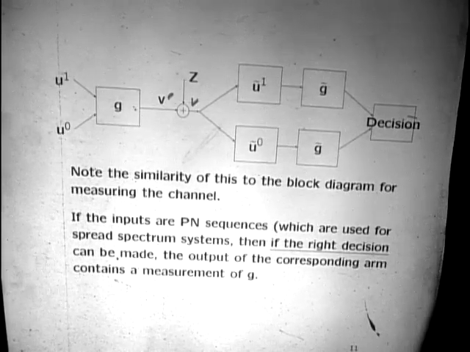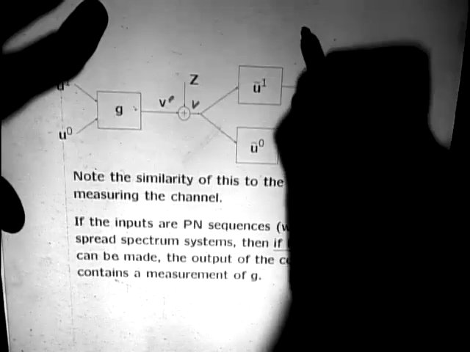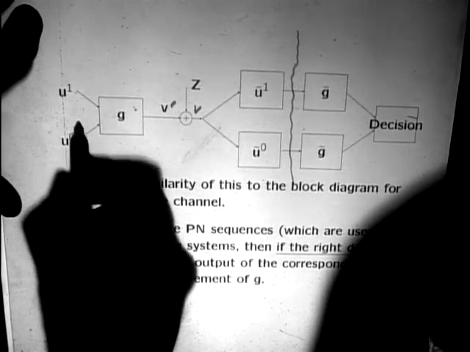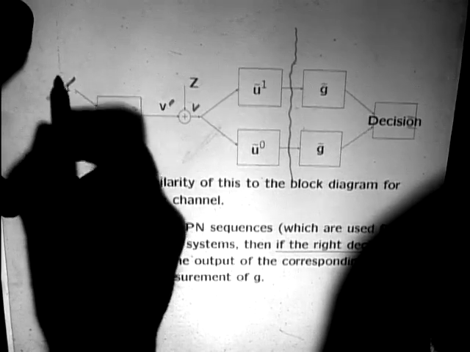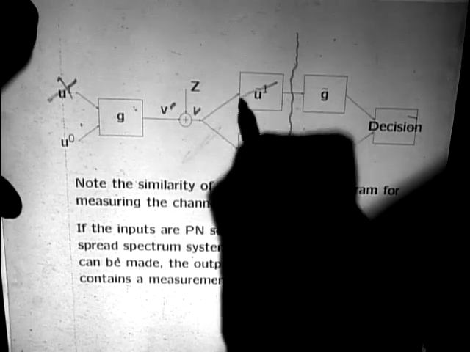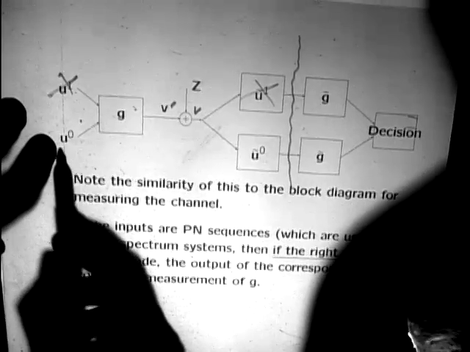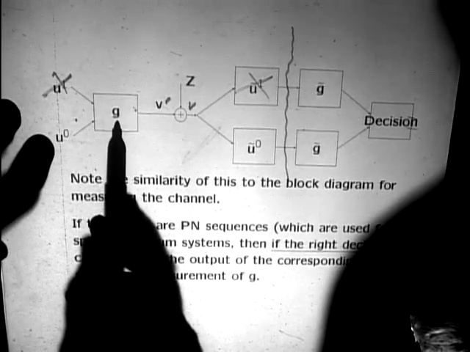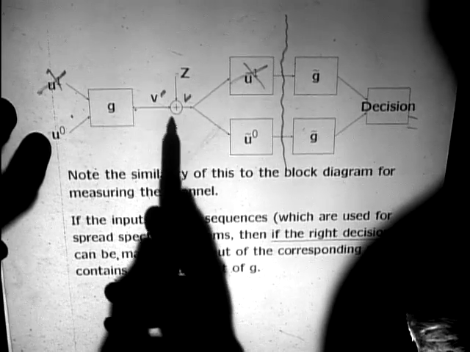Well, here comes the clincher to the argument. Look at what happens right there if I forget about this and I forget about this. What I get here is U0 coming in. It's going through the filter G. It has white noise added to it.